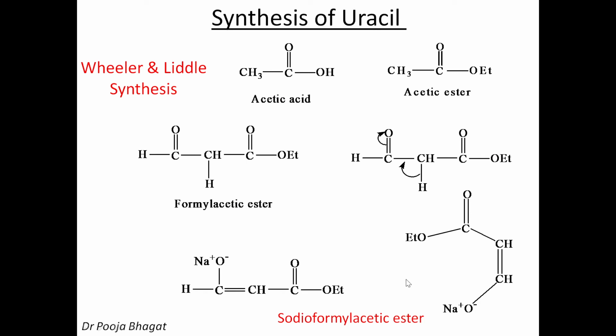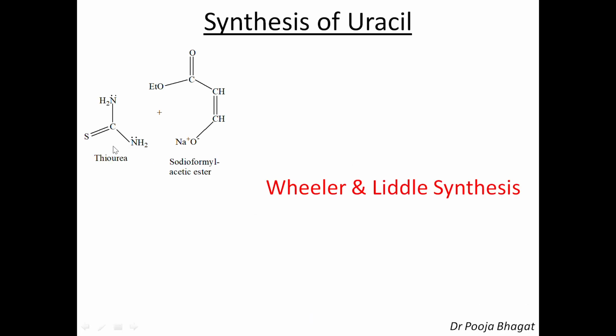Now we will start this reaction with this as one of the reactants. Here I have taken thiourea plus sodio-formyl acetic ester. Now you can easily write down the reaction. The first step: ONa from here and H from here, that is loss of sodium hydroxide, and the bond is formed here.